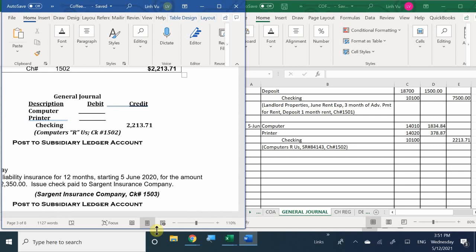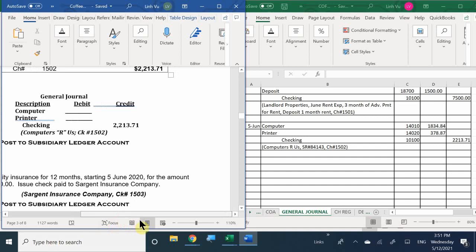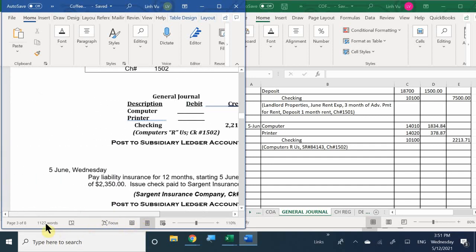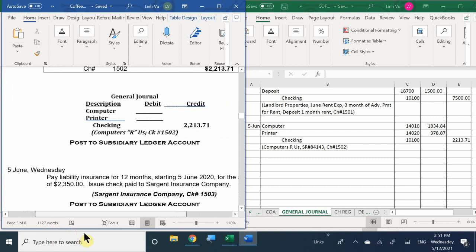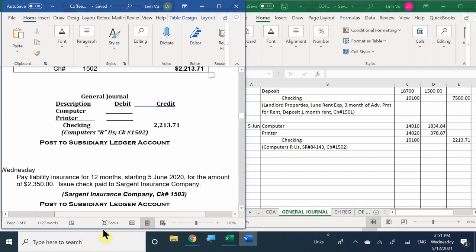It's effective immediately upon purchase. Therefore, in the amount of $2,350 for the overall liability insurance, okay? And again, we're going to write another check payable to Sargent Insurance Company.